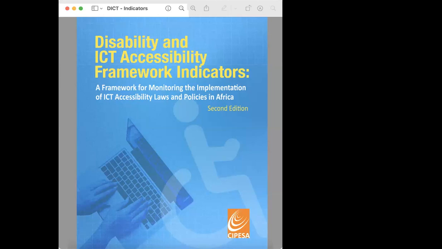Our hope is that as we go deeper into using these indicators, there should be a situation where different countries can set up accessibility boards or accessibility standard boards so that there are people monitoring digital accessibility from time to time, and they are recognized by the different governments or different players within those countries.